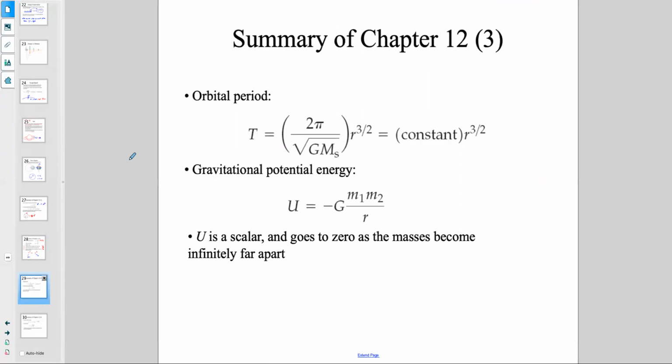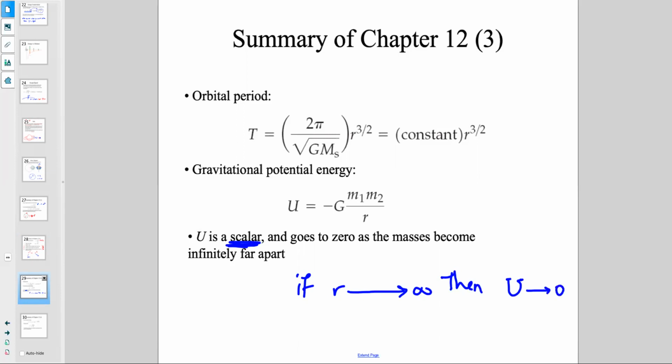And then gravitational potential energy, the true equation for it, is U equals negative G m1 m2 over r, okay? U is a scalar, it is not a vector. This is very important. It goes to 0 as the masses become infinitely far apart. In other words, if r goes to infinity, then U goes to 0, okay?